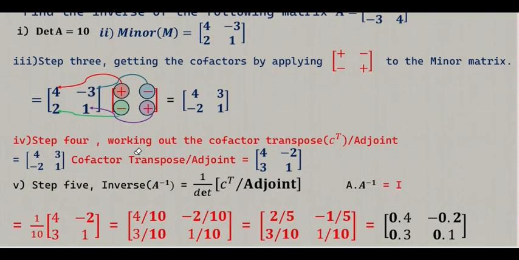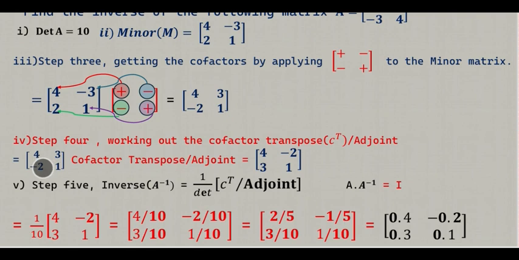Now we go to step 4. So step 4, working out the cofactor transpose. So you want now to get the transpose of the cofactor. So you can see that every step of the way requires the previous step. So now at step 4, we require step 3, because now we are getting the transpose of our cofactor here.